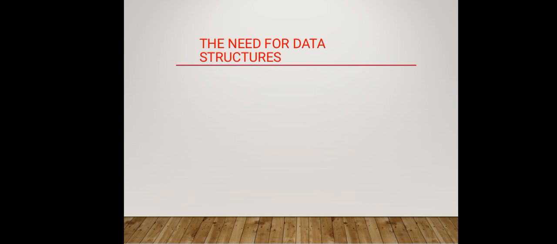Why do we tend to have a need for a data structure? Okay, let's look at that. Follow me through. Number one, the goal is to organize your data. What it means is that you need to organize your information.